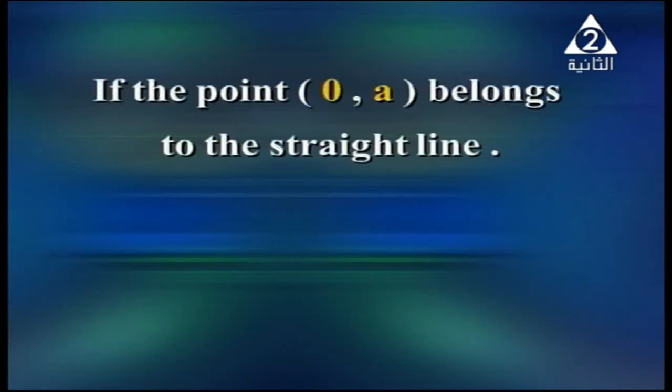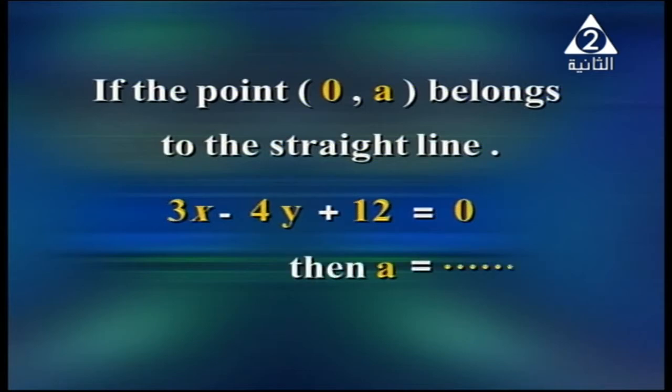Another example, if the point (0, A) belongs to the straight line 3x minus 4y plus 12 equals 0, then A equals what? As the point (0, A) belongs to the straight line, we can say that (0, A) satisfies the line.